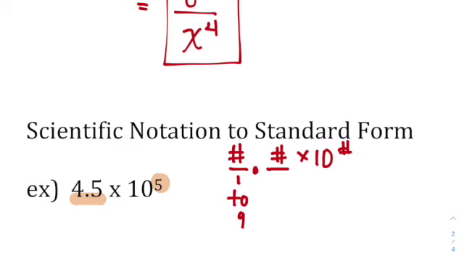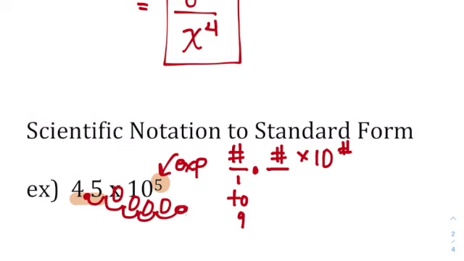So what we're going to do is we're going to say, okay, my decimal is right here. Because my exponent is 5, I'm going to move my decimal 5 spots. 1, 2, 3, 4, 5. Because there's no number there, I'm just going to be making my little space and then put in the 0. 1, 2, 3, 4.